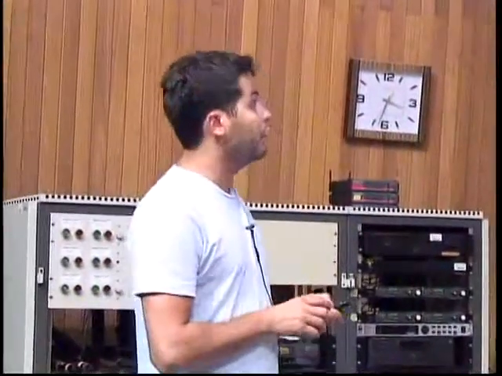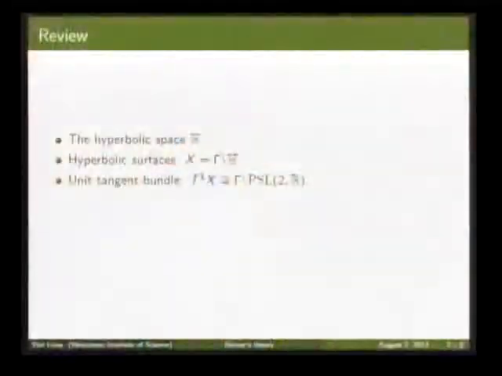Okay, so after that, our goal was to try to understand who are the geodesic and the horocycle flows on this system of coordinates. So first of all, we have to identify on which space these flows are defined, and they are defined on the unit tangent bundle, and if X is the quotient of H and gamma, then the unit tangent bundle of X is going to be the quotient of the unit tangent bundle of H by gamma.